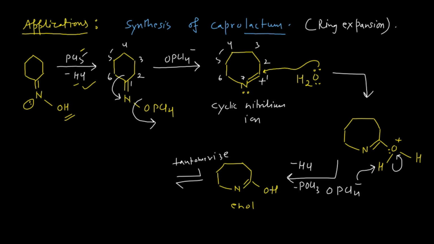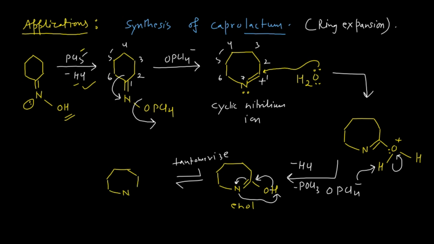The bond which is present between the oxygen and the hydrogen will shift onto this position. Okay, and this will come here and finally grab this hydrogen, and then you will have your product, which is the keto form.